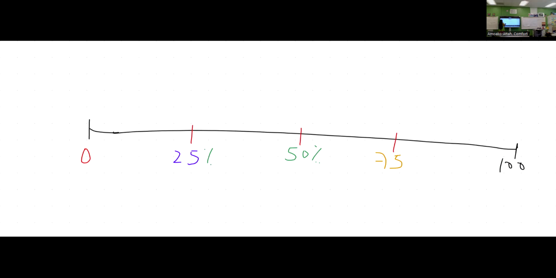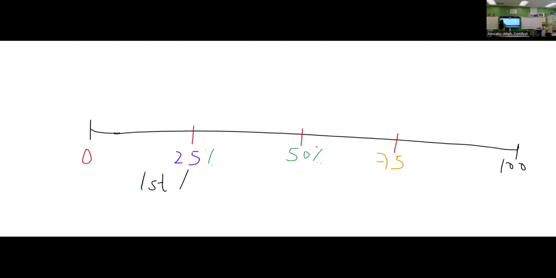Let me pick the black pen. So 25 is the first quartile or the lower quartile.